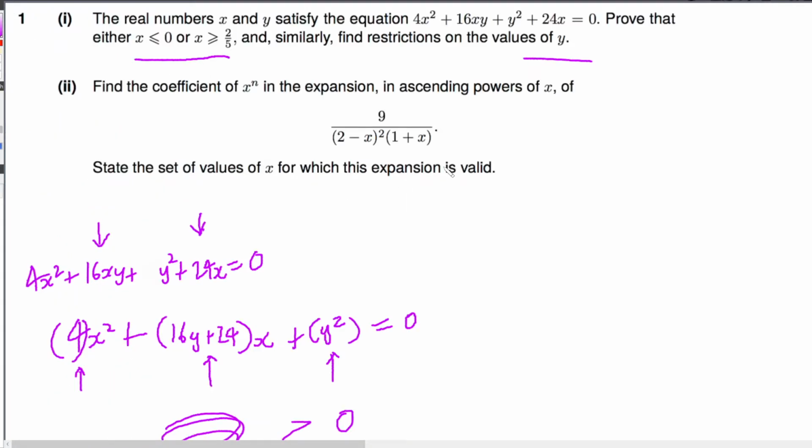So if we were to write that out, we would get, taking y squared as the first bit, y squared, and then this is the only term that contains a y to the power of 1, so y squared plus 16x, that's our coefficient b, times y, plus 4x squared plus 24x, which is our essentially constant factor, is equal to 0.